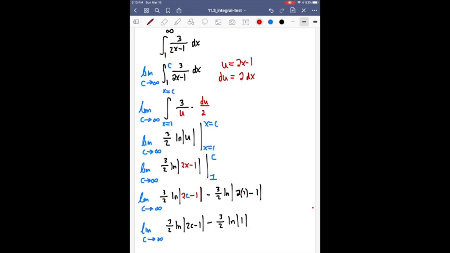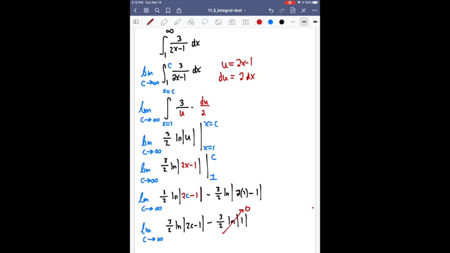So we're at the stage now where we get to just compute the limit and see whatever we have left over. Notice this term on the right has no c's in it, so it's not affected by the limit at all. In fact, if you remember, the ln of 1 is actually just equal to 0, so there's no contribution from any constant term without a c.